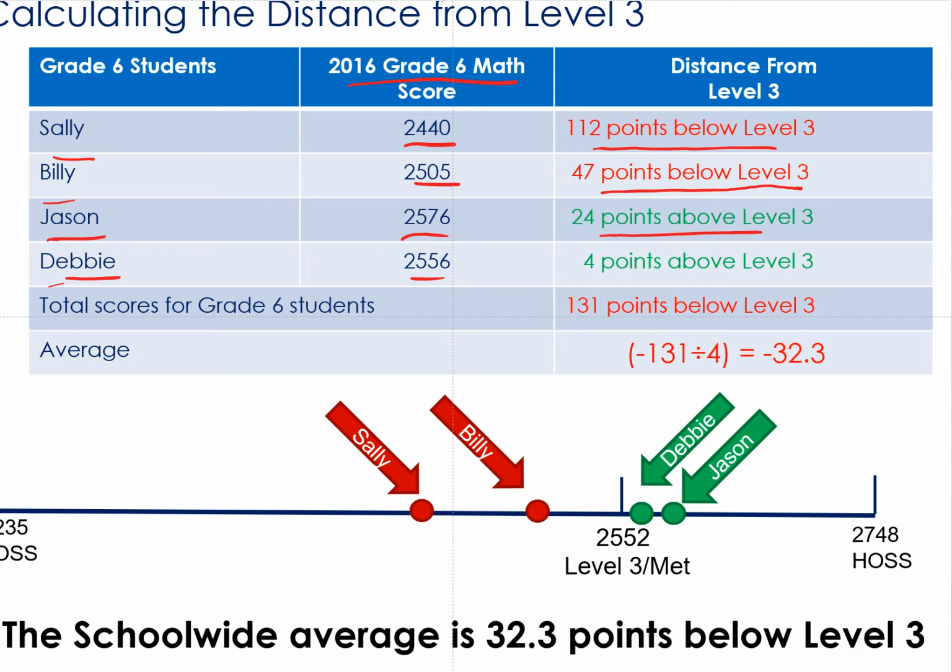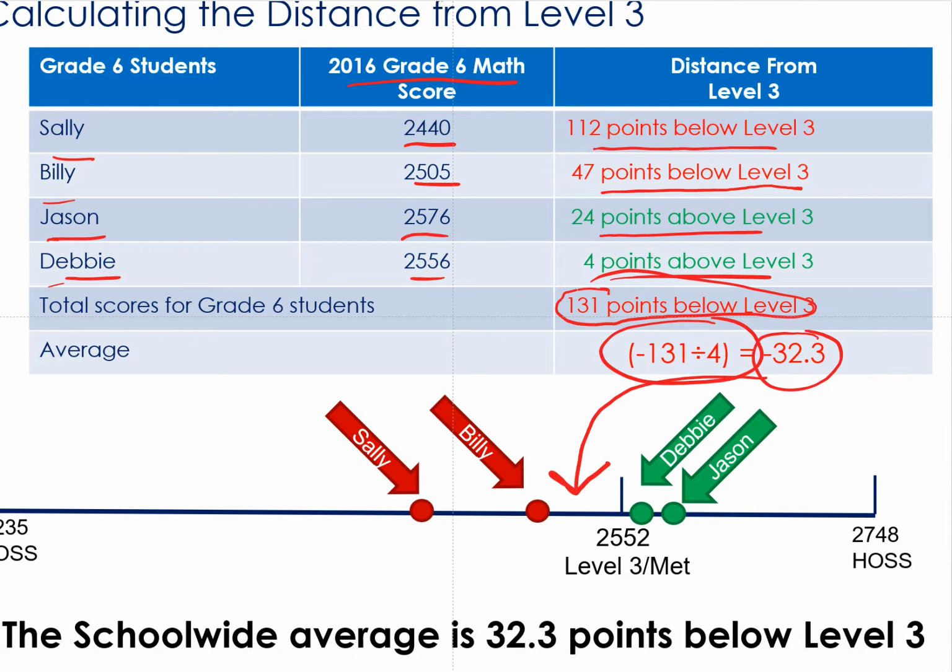These were negative, these were positive. You take the average, and so you add those all up, you get 131. Now we do this average and divide it by 4. That negative 32.3, that is the gap. For that particular group of students, their gap is negative 32.3, or their distance from level 3. So that would be considered a status number.